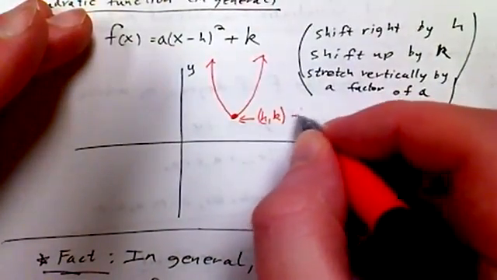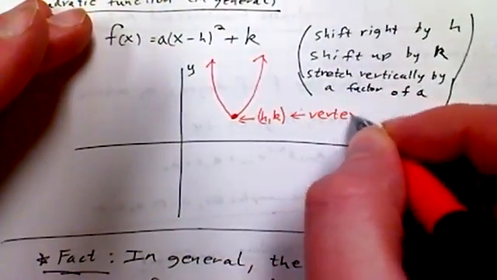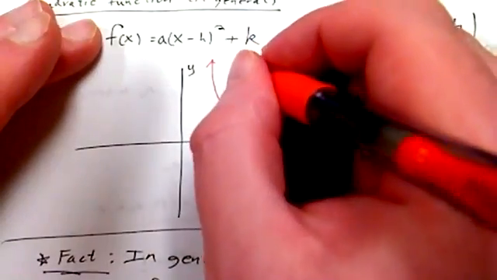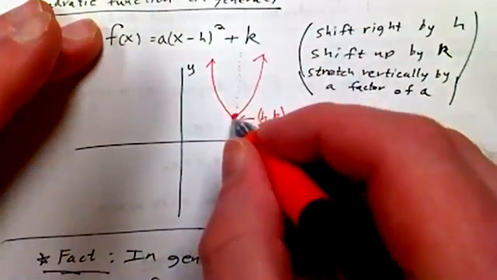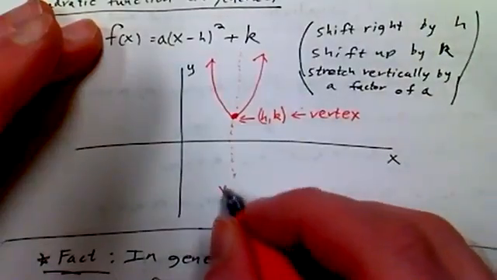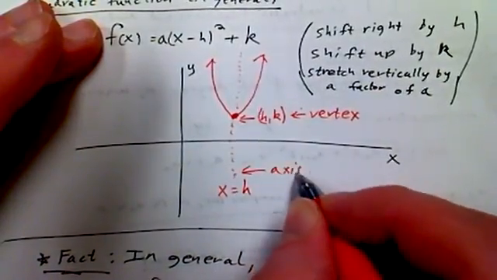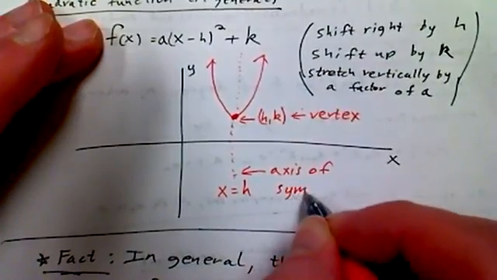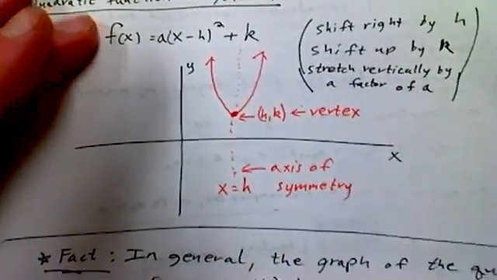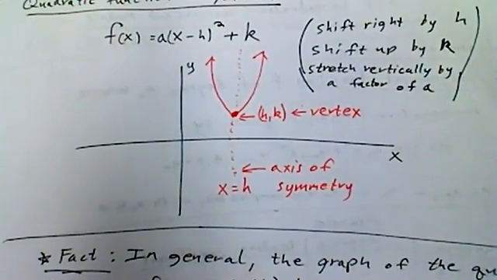So this is the vertex of the parabola. And the line that goes right through the center here is always at x equal to h. This is called our axis of symmetry. Okay, so we're going to want to know what these things are.